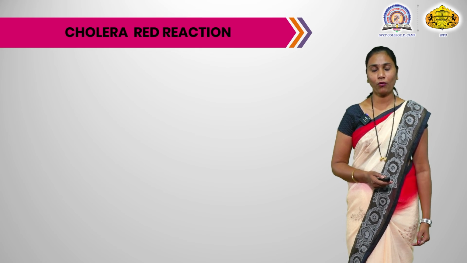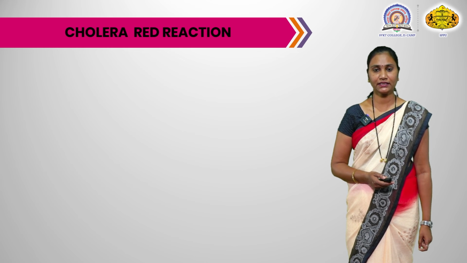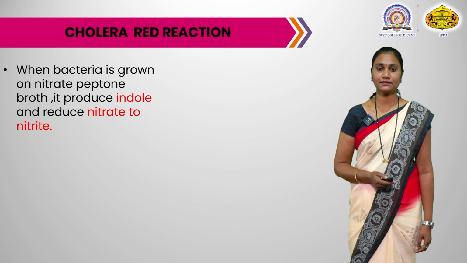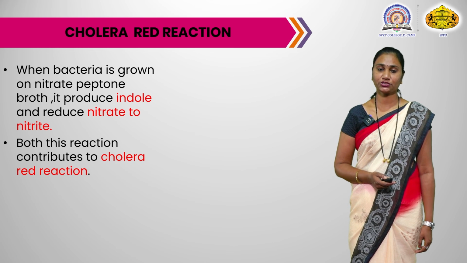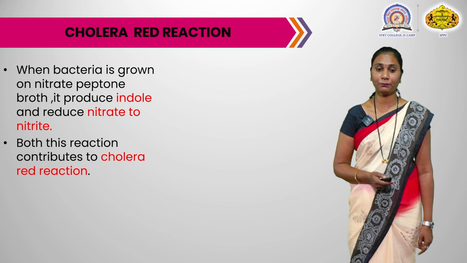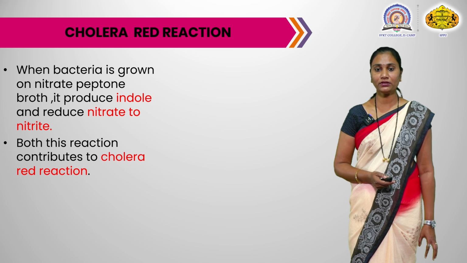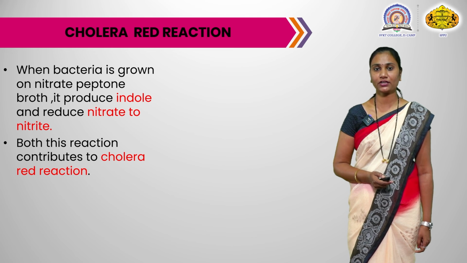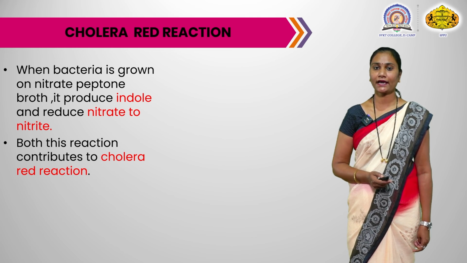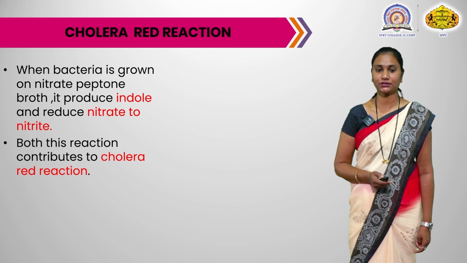Now, along with your gelatinase, catalase, and oxidase, the organism has a tendency to reduce nitrate to nitrite along with production of indole when it is grown in peptone broth. Right. Now both these reactions, that is production of indole and reduction of nitrate to nitrite, contribute to a reaction called the Cholera Red reaction.